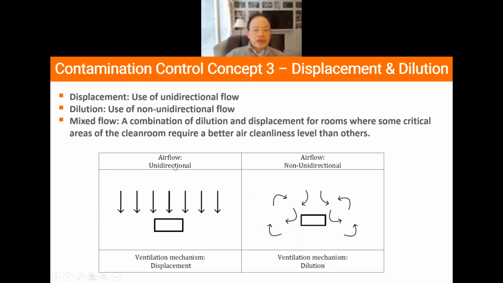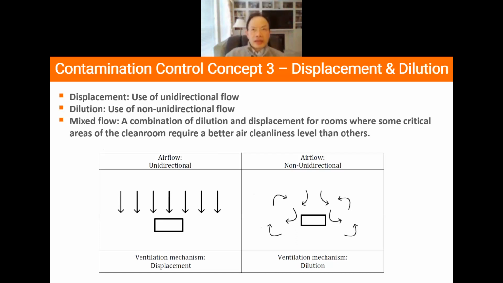Displacement means you provide clean HEPA-filtered air at the top and release it at the low sidewall grill or raised floor grill. So basically, you push the air out. Regardless of how many particles you generate, it works like a piston effect. Anything generated, we take out.